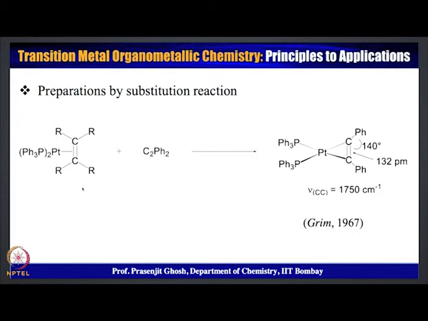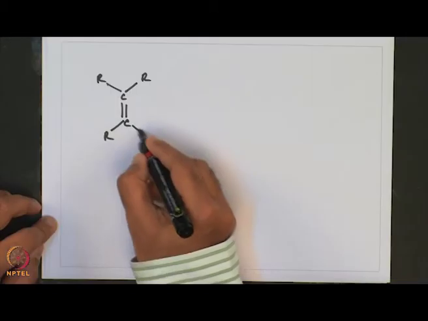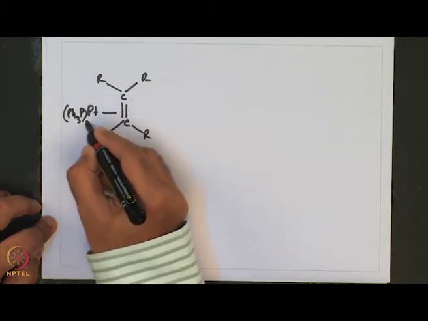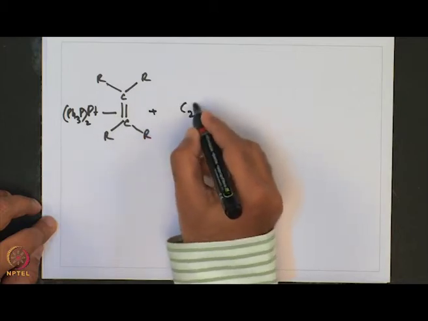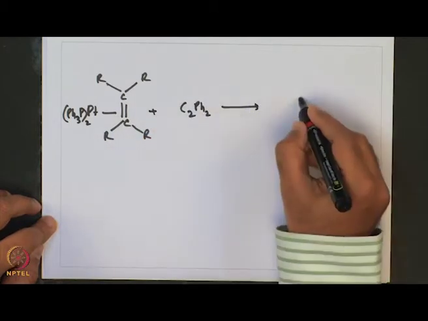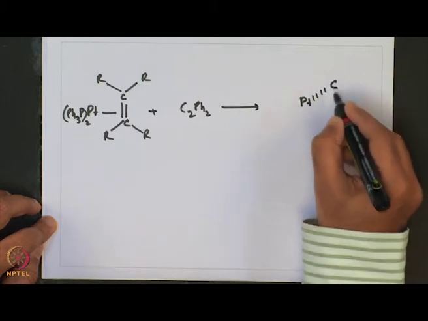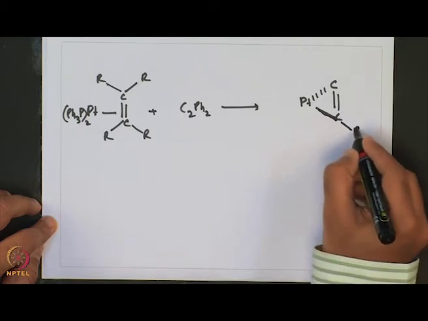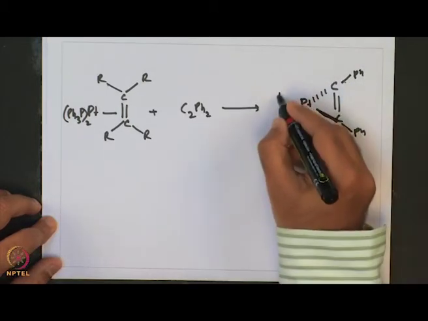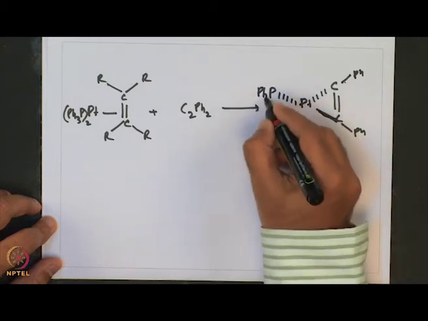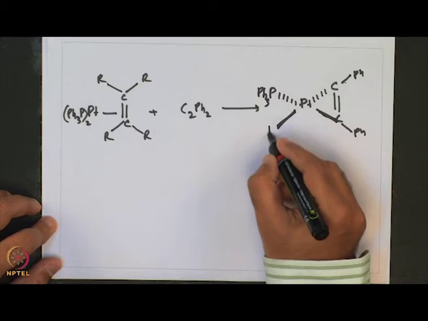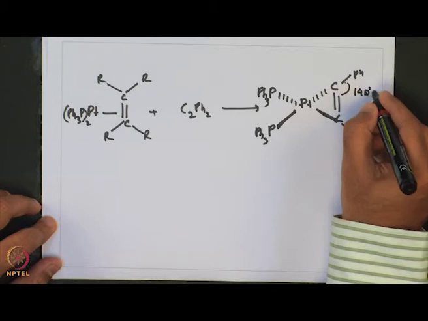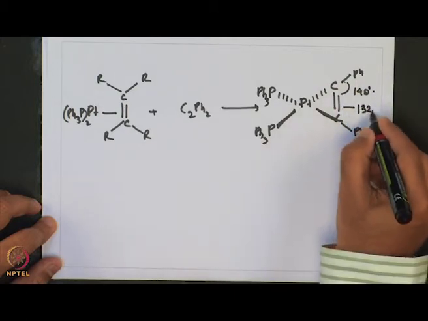Now, there is another preparation by substitution reaction. Triphenyl phosphane giving this alkyne complex with this phenyl and 2 of this triphenyl phosphane has an angle of 140 degrees, which is also different from linearity, and 132 picometer.